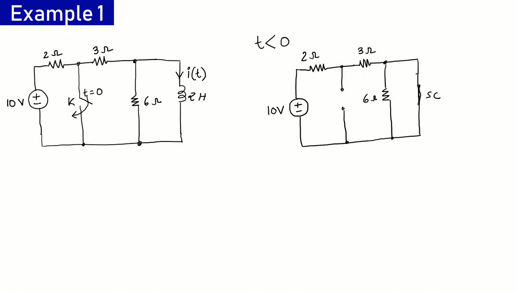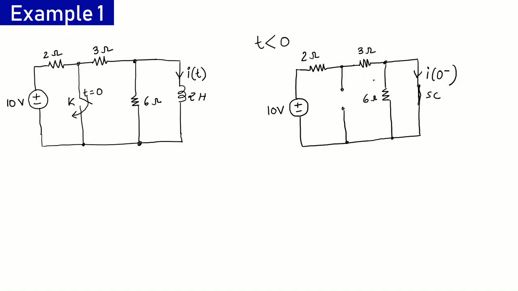Just before the switching action, I am showing this current as I0 minus, and now this is the equivalent circuit. This switch of course was off. So here we can calculate this current I0.